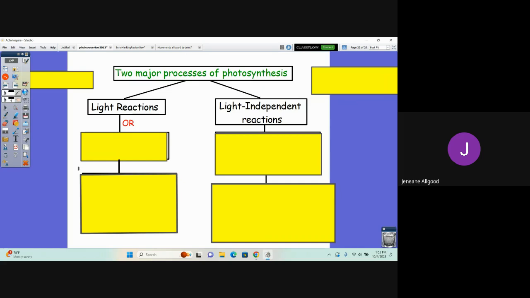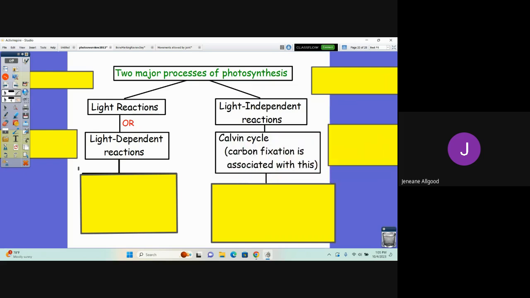The light reactions can also be called the light-dependent reactions. The light-independent reactions can also be called the Calvin cycle. They are not called the dark reactions. That is an antiquated name.